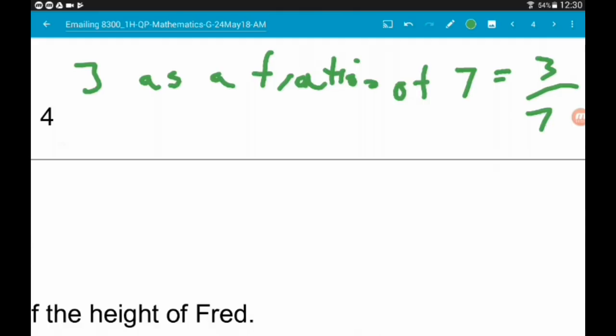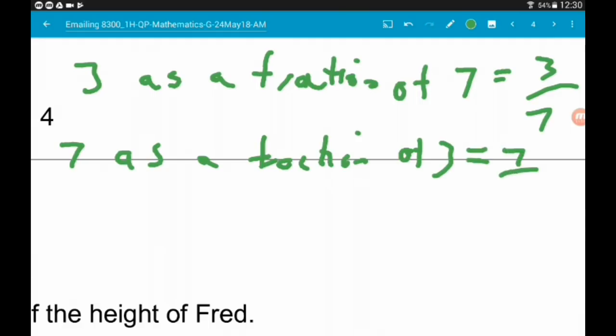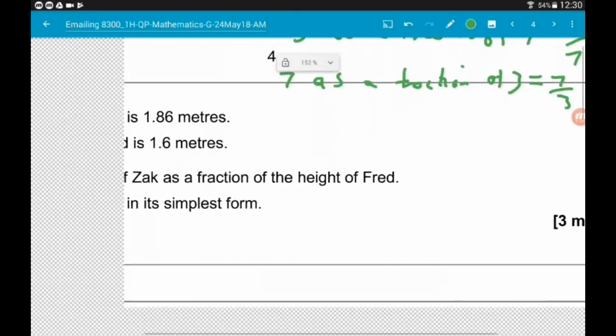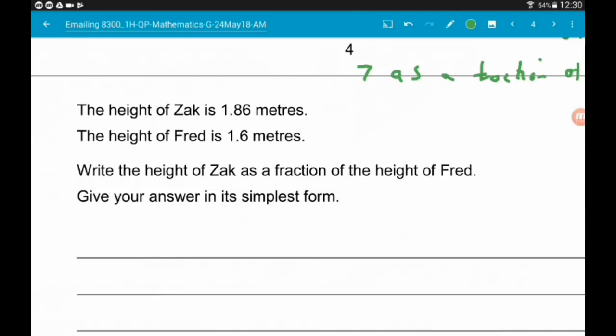If we wanted 7 as a fraction of 3, that would be 7 over 3, 7 thirds. So, here we want the height of Zach as a fraction of the height of Fred. So, that means we want Zach over Fred.